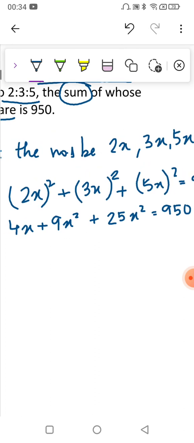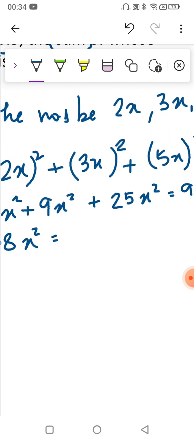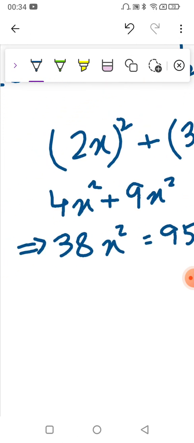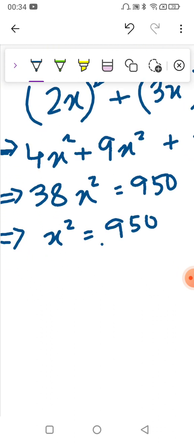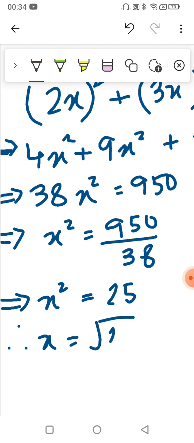We get 4 plus 9 plus 25, that is 38x square is equal to 950. So x square will be 950 divided by 38. Once we divide, we get x square is equal to 25. Therefore, x will be square root of 25, which is 5.